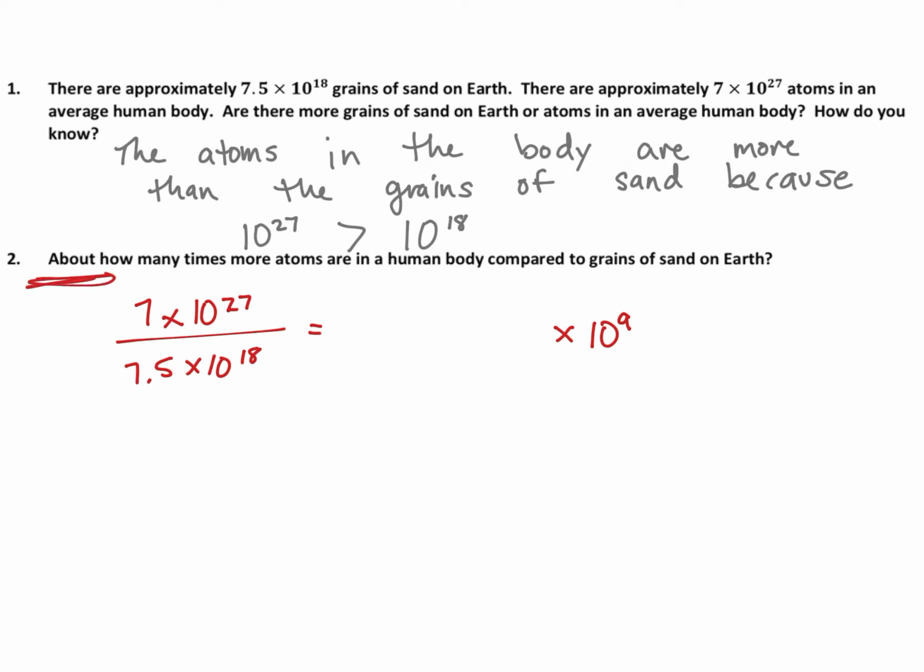It is just saying about. So when we take 7 and divide it by 7.5, those are pretty close to 1. They're pretty close to each other, so it's going to be about 1 times 10 to the 9th times more atoms than sand grains.